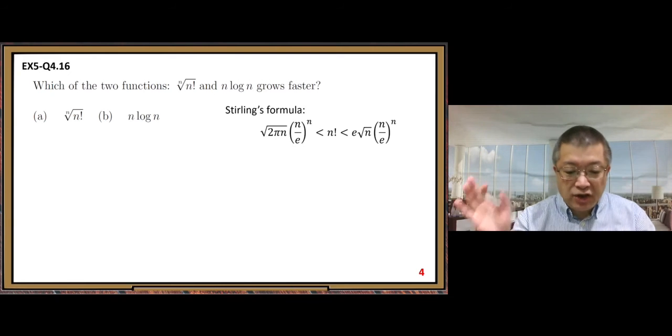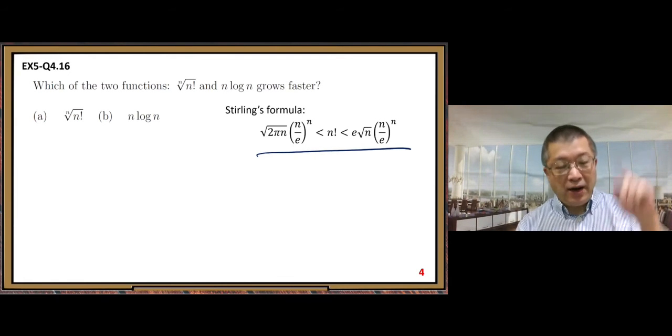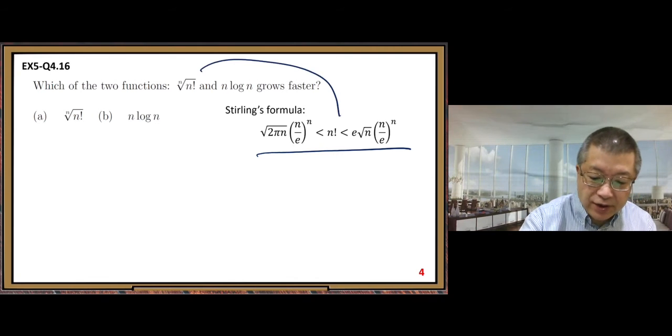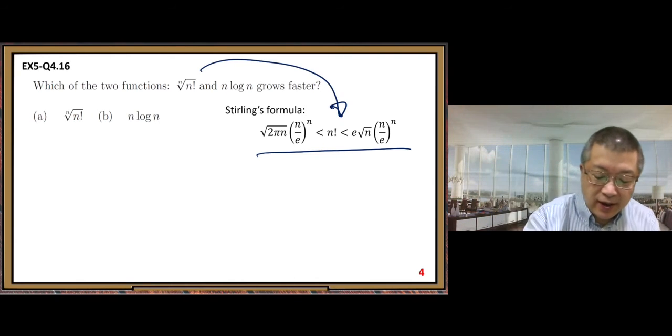So let's get Stirling's formula. When you have this one, now you can take the nth root everywhere.